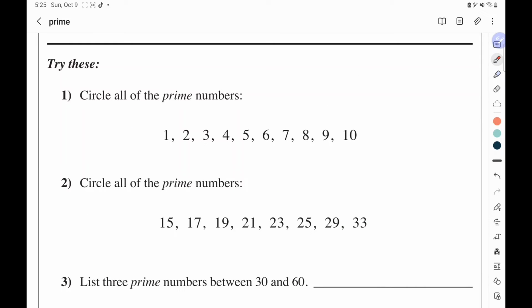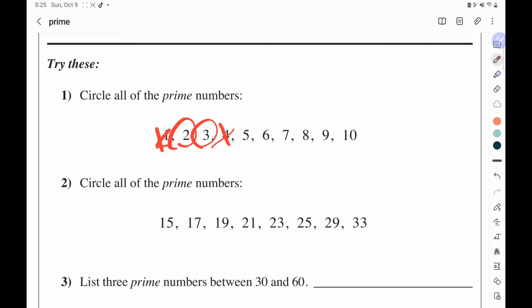Now let us try to circle all the prime numbers here. Remember that 1 is not a prime number, okay? So 2 is a prime number, right? So we have to circle that one. 3 is also a prime number because it doesn't have any other factors except for 1 and 3. 4 is not a prime number because it has a factor of 1 times 4 and also 2 times 2.